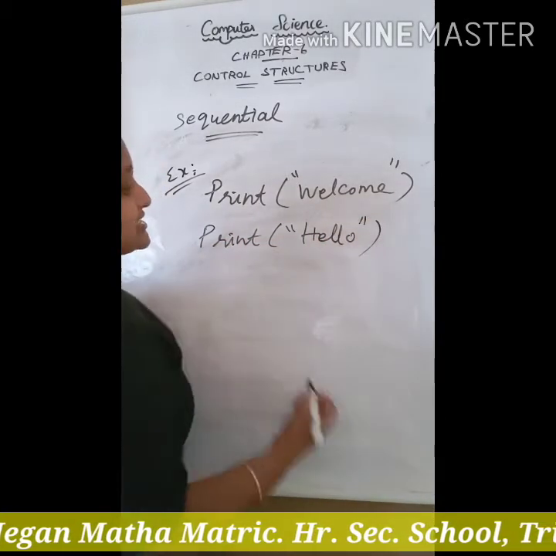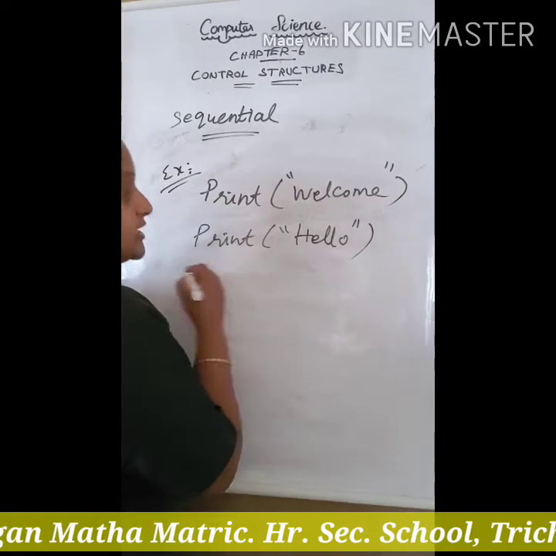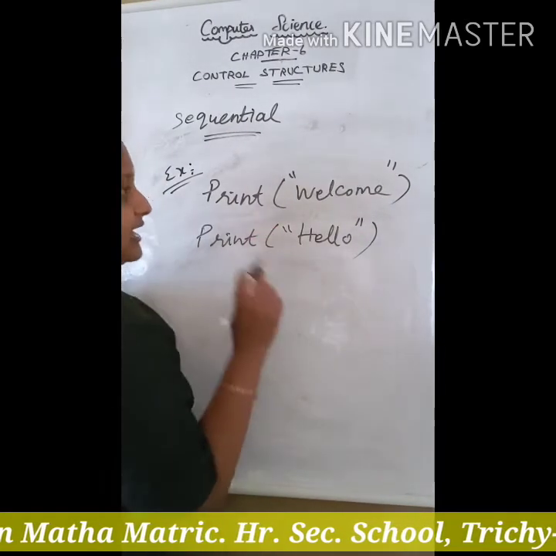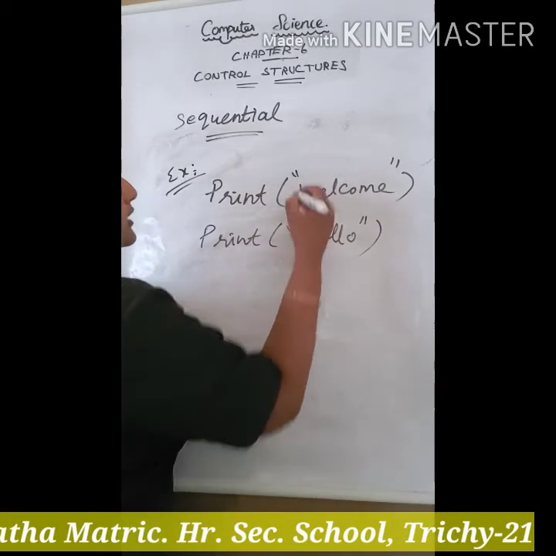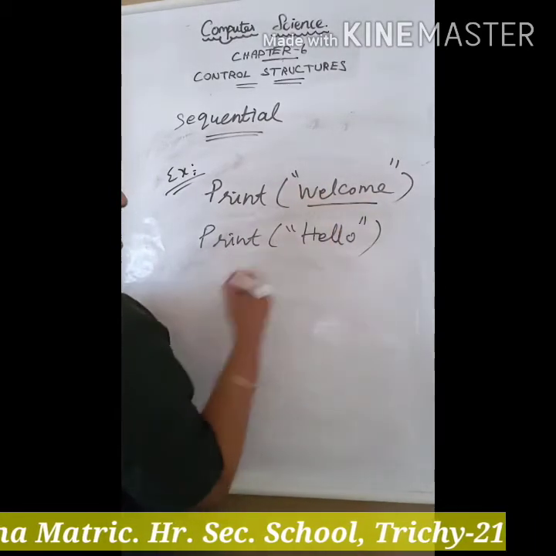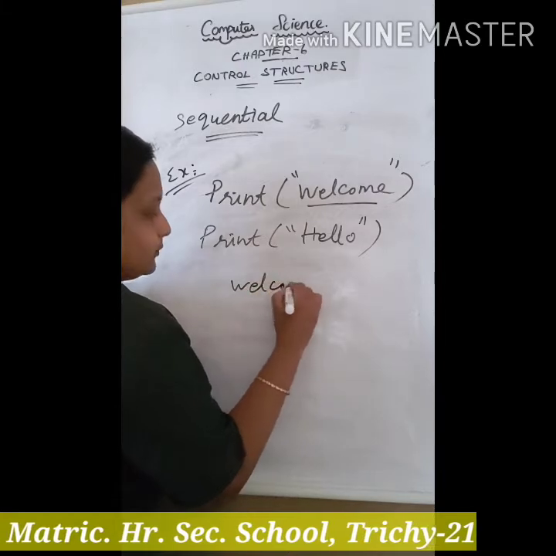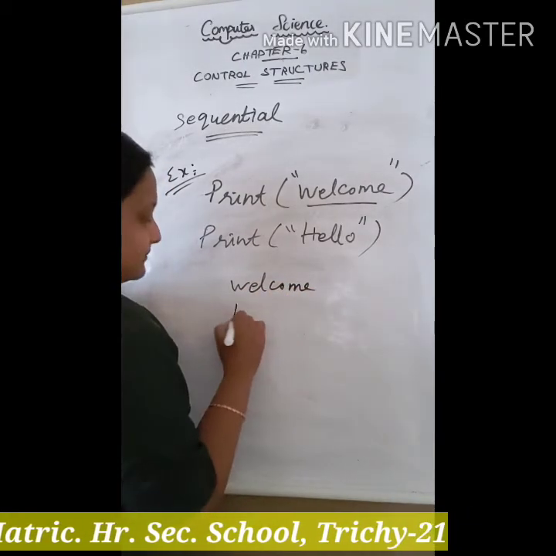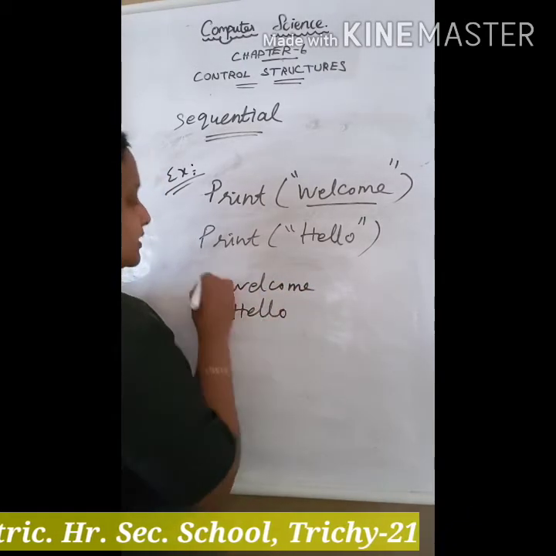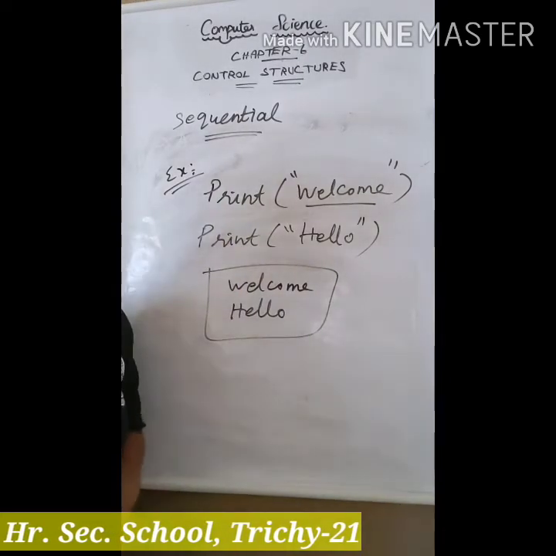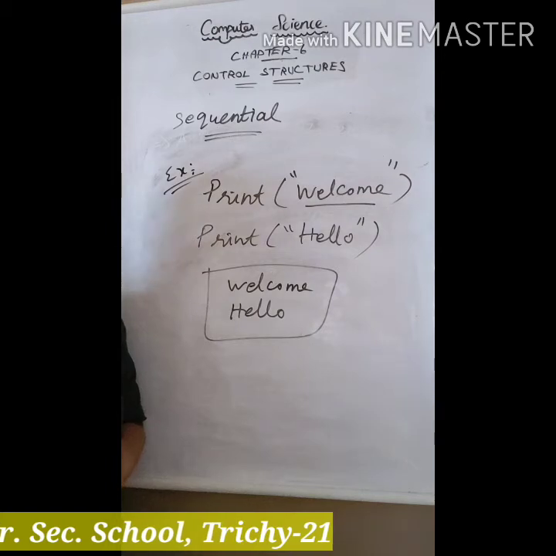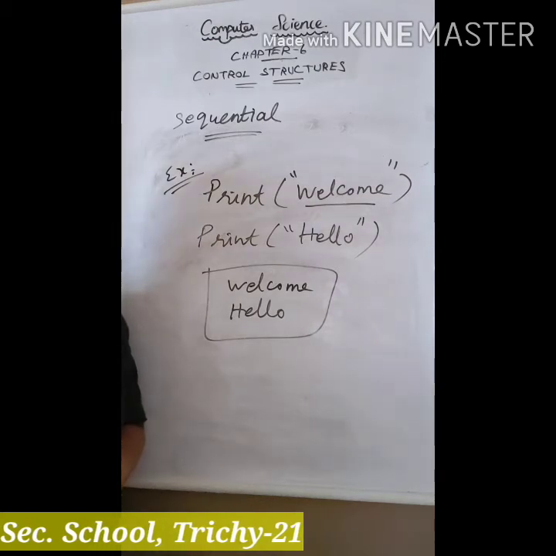We already studied the use of the print function: it is used to print a value and display the result on the monitor. So here it prints the welcome message. The output of this program is welcome and next one is hello. So what is the use of sequential? A sequential statement is used to display the results one after another.